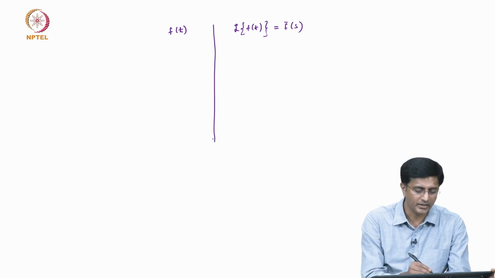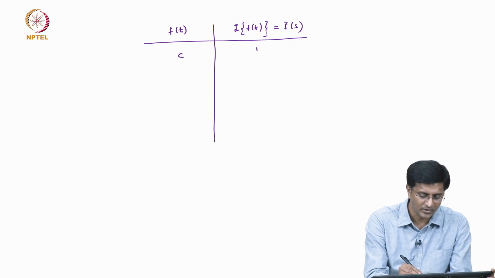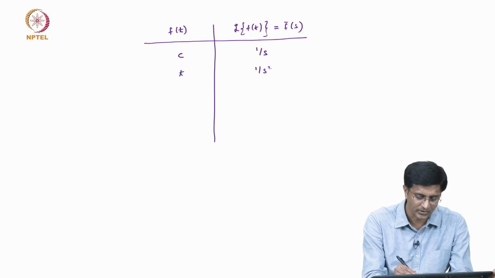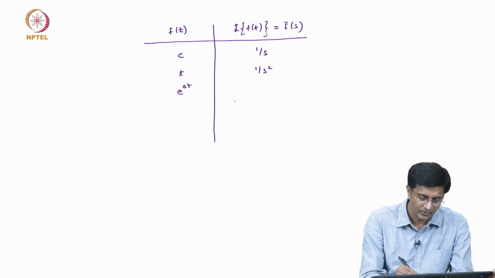So, we already looked at what we get for a constant. For a constant we got 1 by s. For the function t it is 1 by s square. For the function e power at we got it as 1 by s minus a.